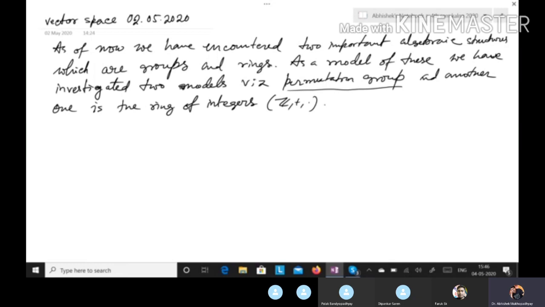So we have already encountered this type of linear combination in several discussions in mathematics.